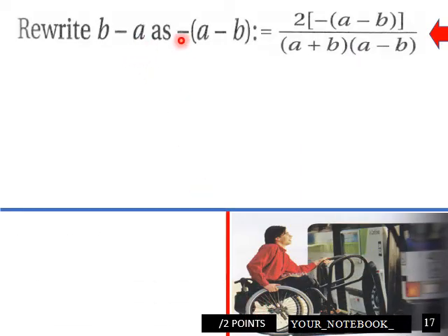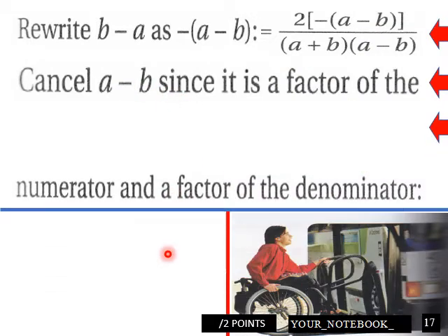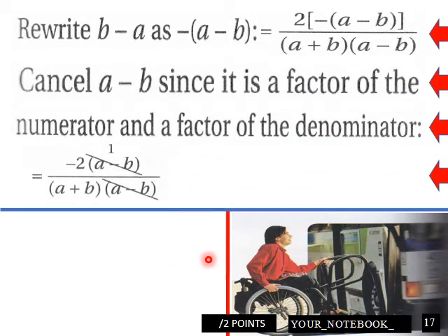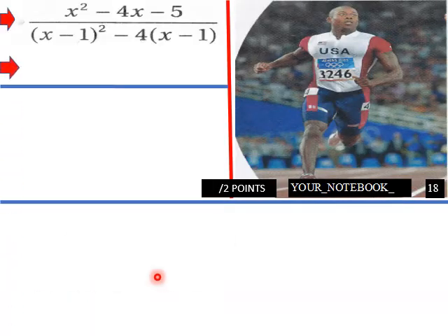Rewrite b minus a as the negative of a minus b. So you have this here. Then those can cancel. Cancel a minus b since it is a factor of both numerator and denominator. So we get this going on. Then we come up with this. And that would be your final solution to that.